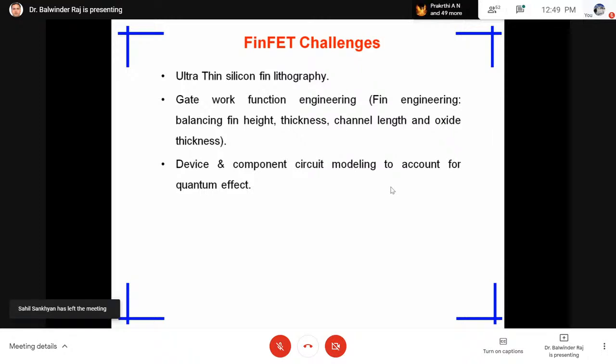also. As I mentioned, conventionally we are analyzing the current only in one dimension, from source to drain. But in the FinFET, being a three-dimensional device, we have to analyze the current in three dimensions. So that is a quantum effect we have to keep considering.